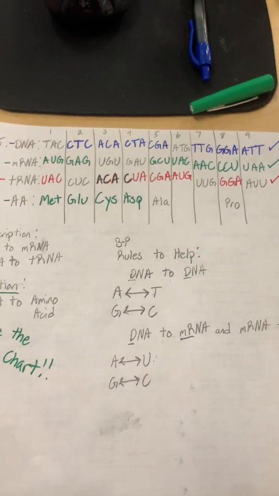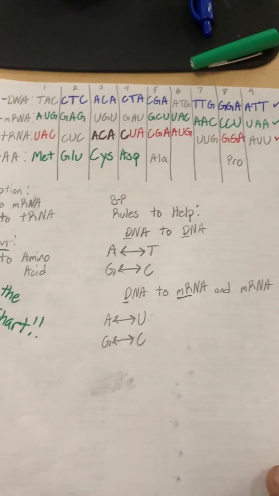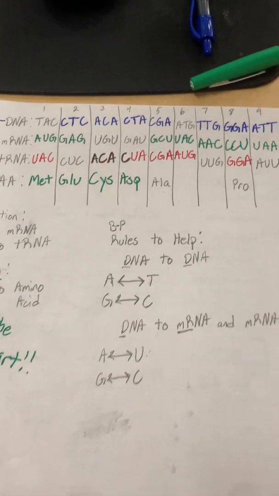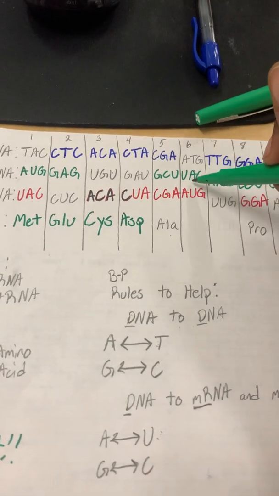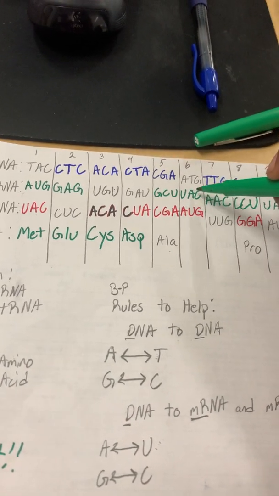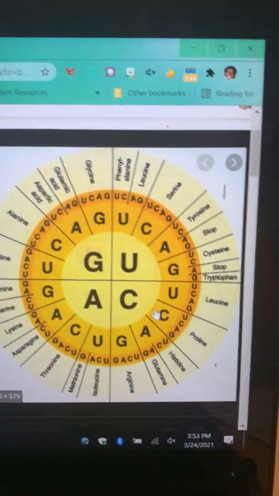Now I have 3 amino acids I need to figure out, these last 3 amino acids. Here is my messenger RNA, UAC. I'm going to use my circular chart right here.